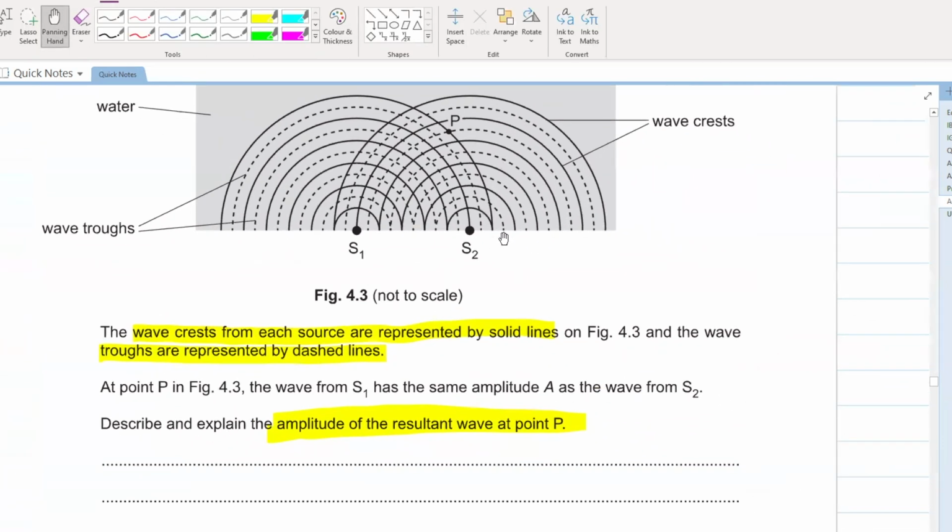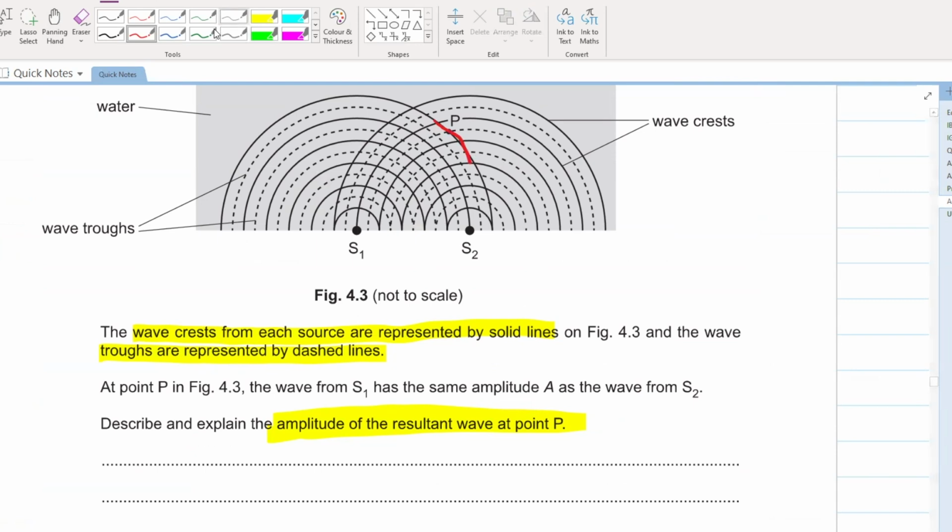नाउ इफ यू सी पॉइंट पी पे क्या हो रहा है बेटा, पॉइंट पी पे एक क्रेस्ट, मतलब S1 का क्रेस्ट, इसको मैं रेड से मार्क कर देता हूं.